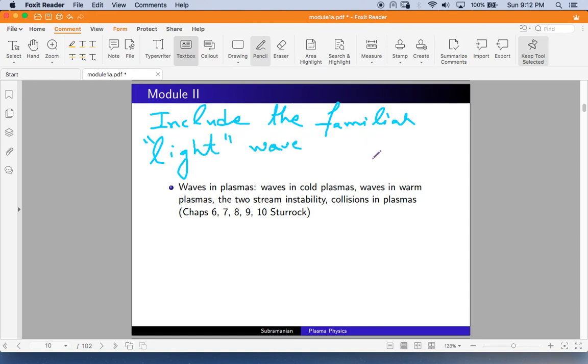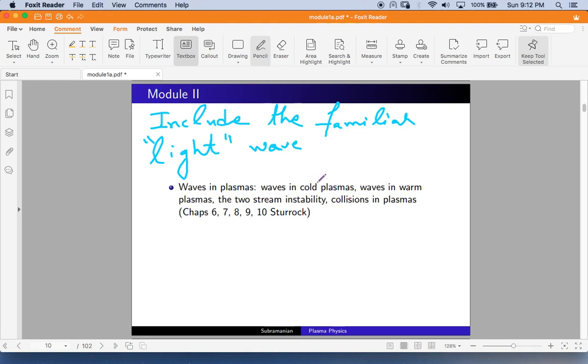By light wave, I simply mean waves that you've studied in standard electrodynamics, waves in vacuum. Okay, the transverse waves which propagate at the speed of light. So this will include the familiar light wave.